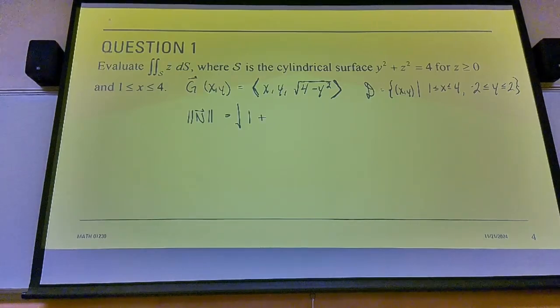Negative 2y times square root of 4 minus y squared. Square it. This simplifies.